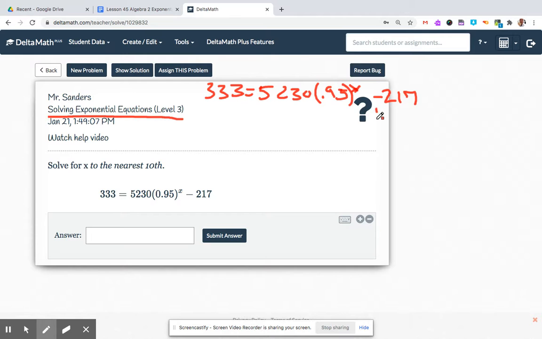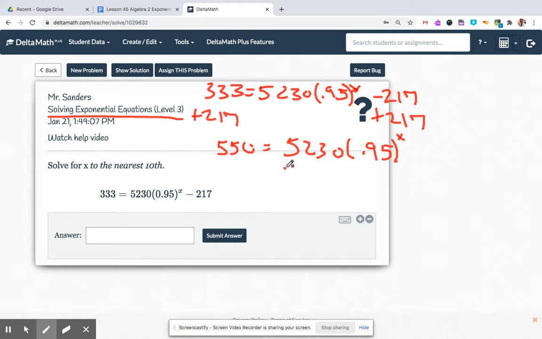So I need to get rid of this minus 217, add 217 to both sides. Let's not take any chances. 33 plus 217, 550. So I now got 550 equals 5,230 times 0.95 to the x.